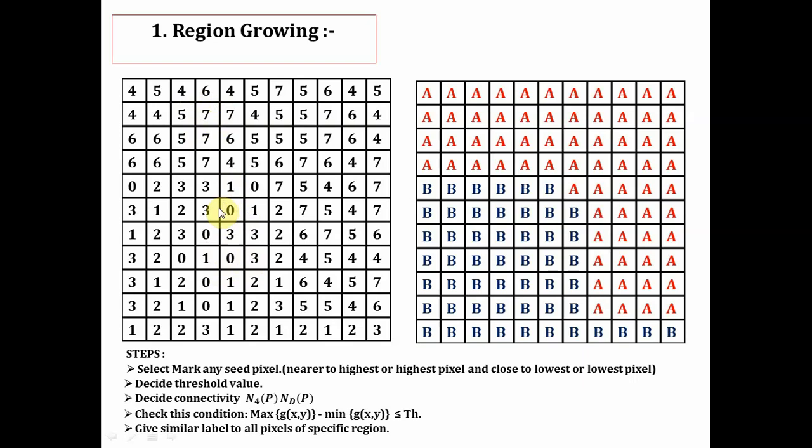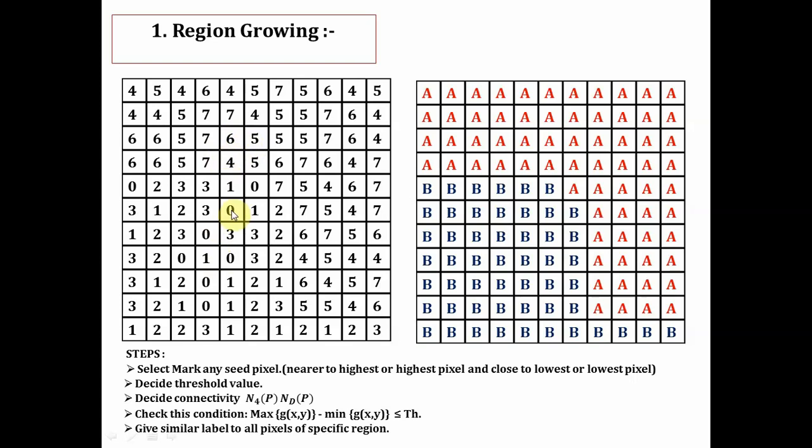If I divide 7 by 2, half of 7 will be 3.5. I cannot select the decimal version of the intensity value or threshold value, so I will go for the nearest one, that is 6. If I divide 6 by 2, I will get 3. I can set the threshold value as the average between 0 and 6. Okay.